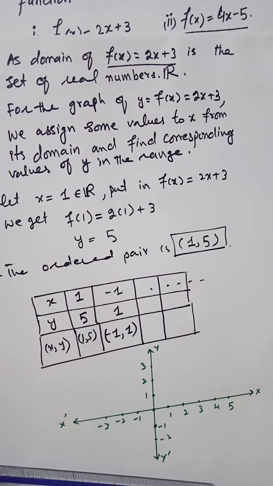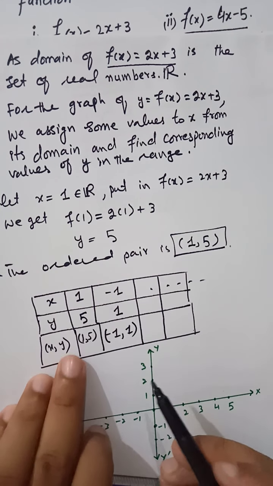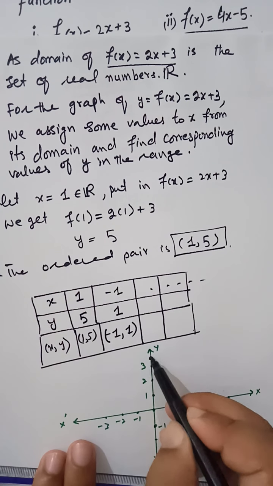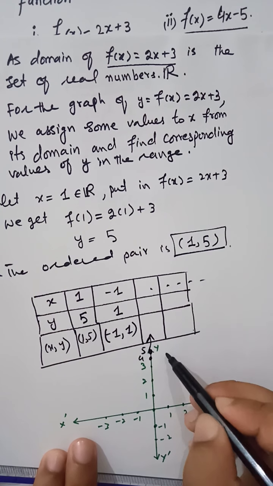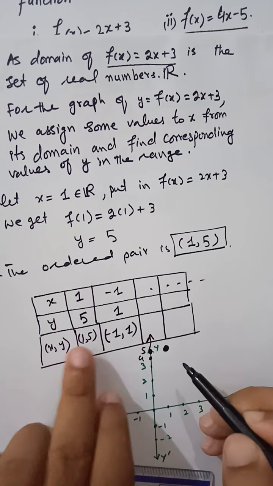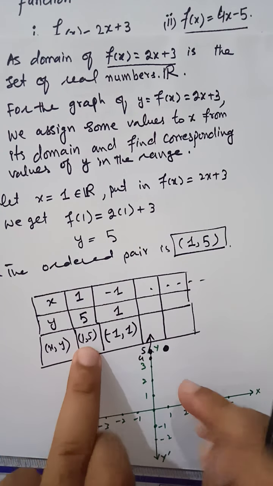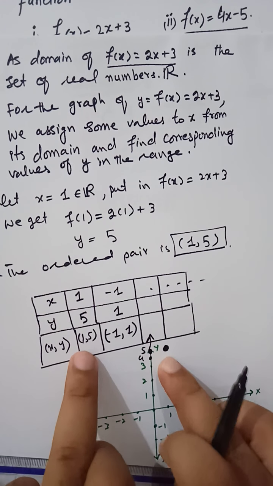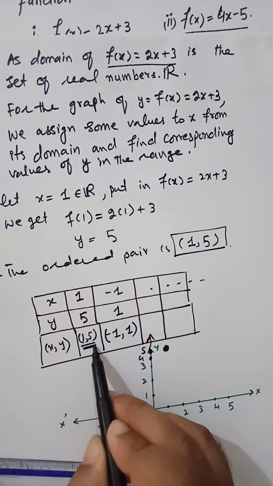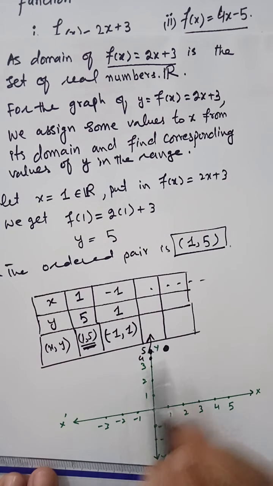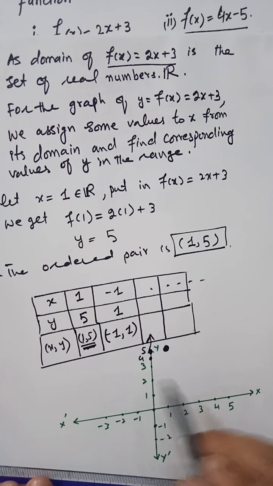So the first ordered pair is, you see, (1, 5). So let's say this is 4, and let's say this is 5. So (1, 5), that is the point. This ordered pair is actually the coordinate of this point, meaning the position of this point is known by this ordered pair in this reference frame, in this xy plane.